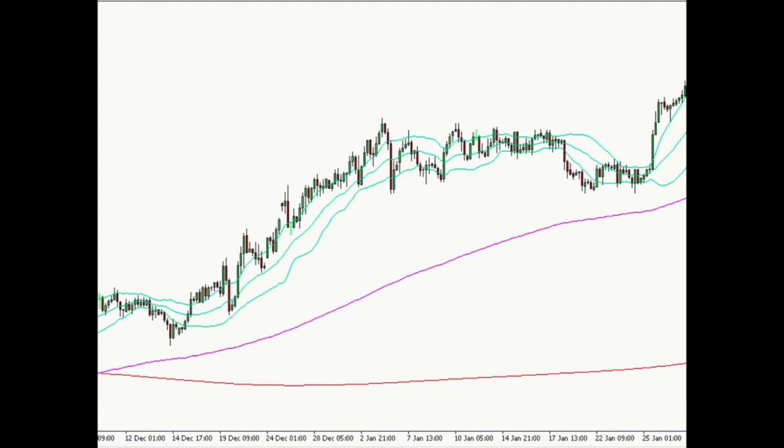So what we're looking for here is a systematic way of staying out of these retraces, and then we're looking for a fairly strong momentum back in the direction of the long-term trend.